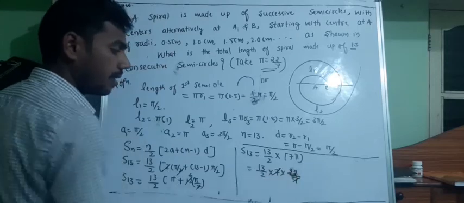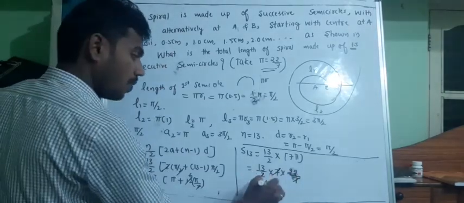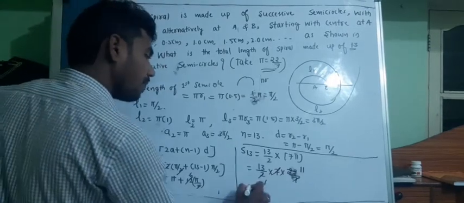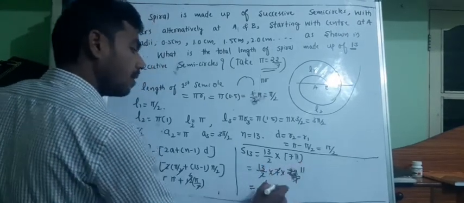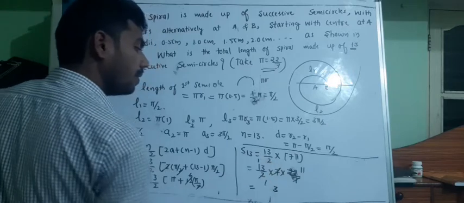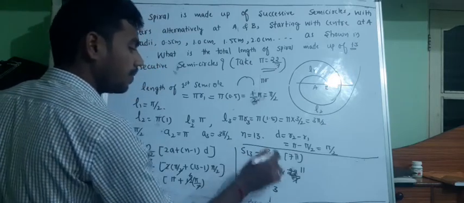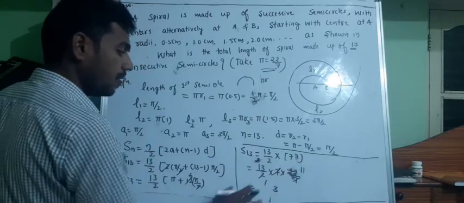This 7 will get cancelled. 2 1s are 2, 11 3s are 33, carry 3. 11 1s are 11, 11 plus 3, 14.